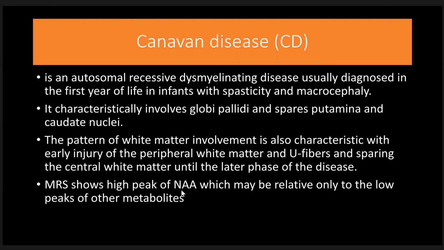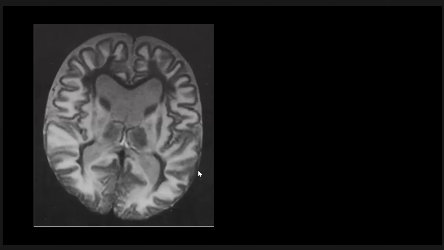And spectroscopy has a high peak of metabolites. In this patient with Canavan disease, it is involving the globi pallidi bilaterally and sparing the caudate nuclei.